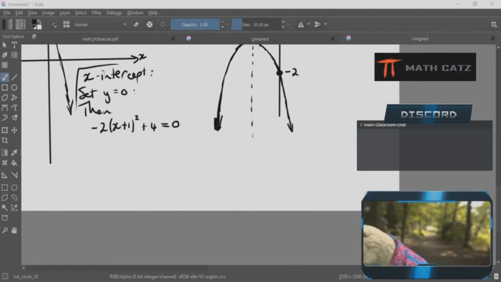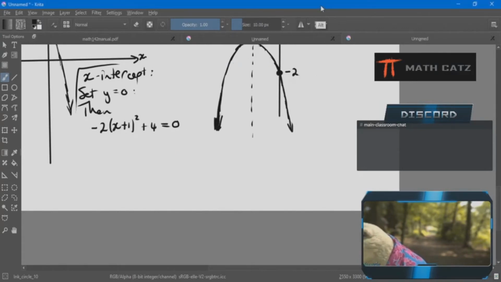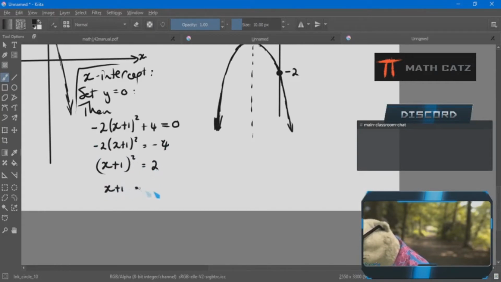All right, x-intercept. I got distracted. I apologize. So now I have negative 2(x plus 1) squared equal to negative 4. So (x plus 1) squared equals negative 4 divided by negative 2, which is 2. So x plus 1 is then the square root, plus or minus root 2.